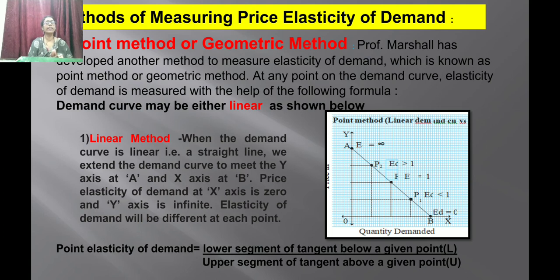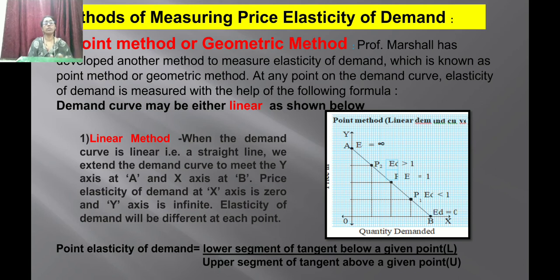In the point or geometric method, what do you have to write? What is the point method? How will you write it? Elasticity of demand, which is the point method or geometric method: at any point on the demand curve, elasticity of demand is measured with the help of the following formula. The formula is the lower segment of the tangent below the given point upon the upper segment of the tangent above the point.